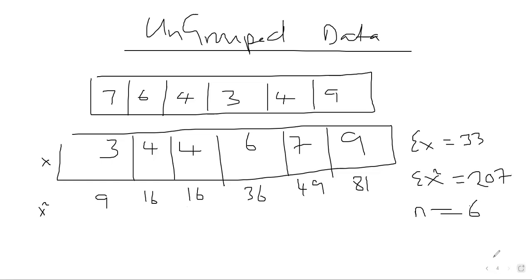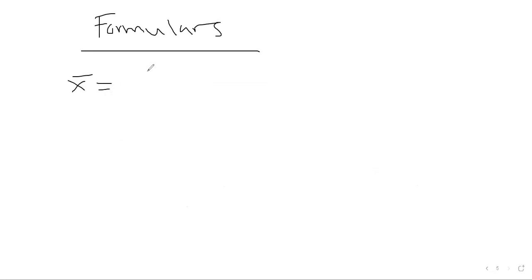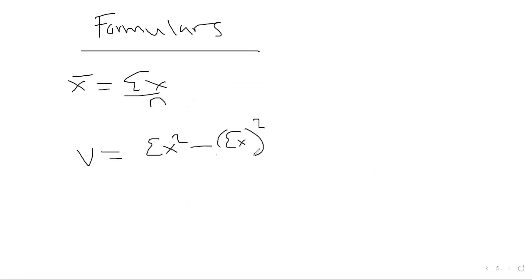This is ungrouped data, so the formulas are different from those for grouped data. I just need you to master 5 formulas. The mean, which is the average, is given by summation of x over n. The variance is summation of x squared minus summation of x to the power 2 over n, everything over n minus 1.